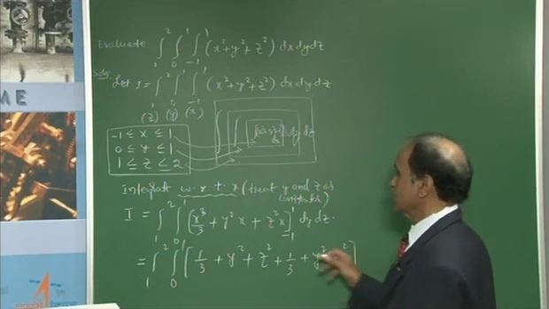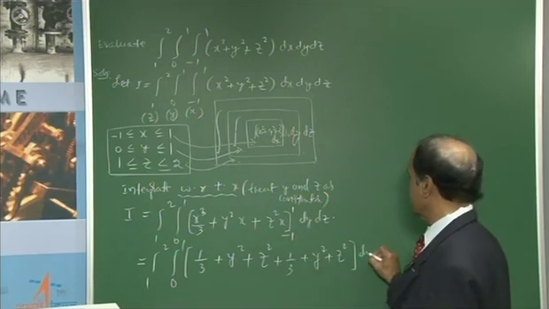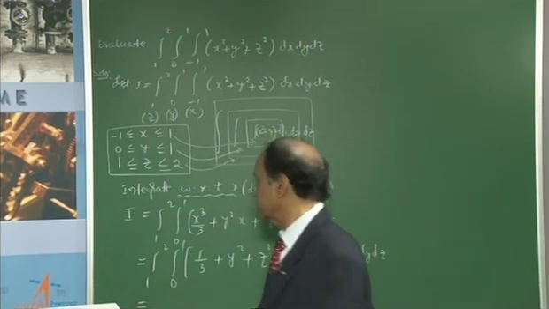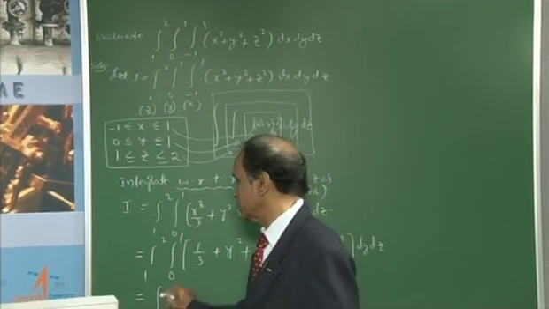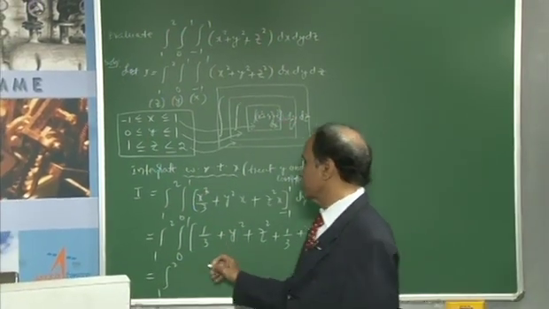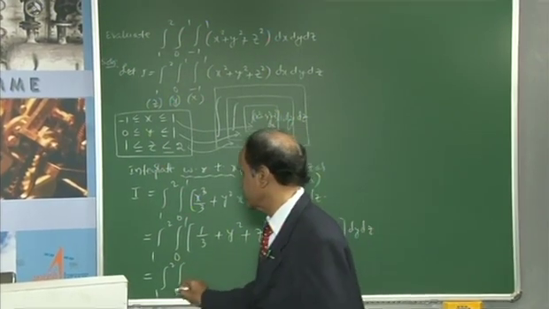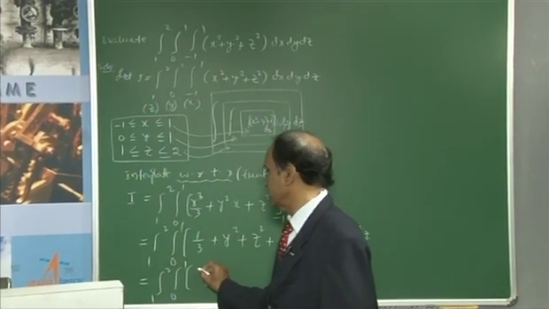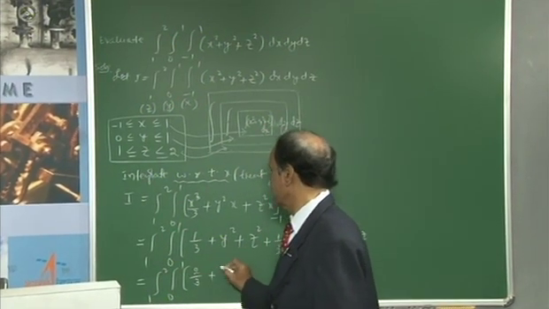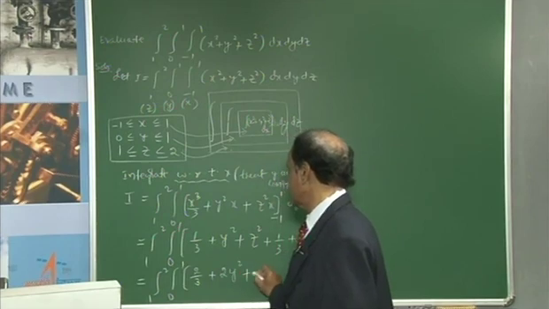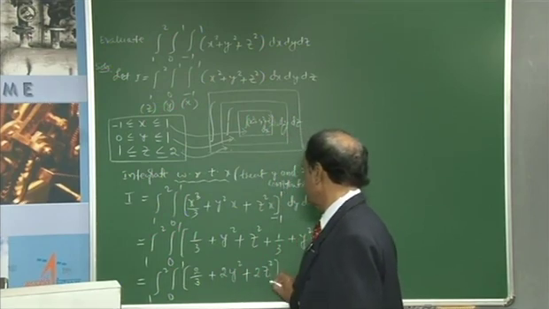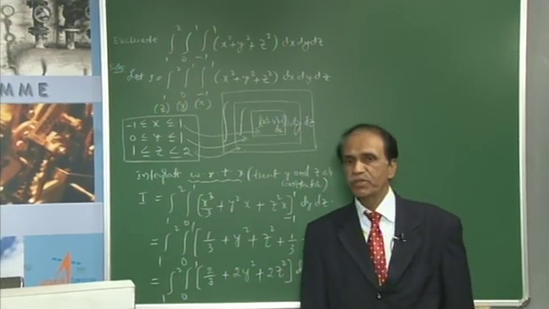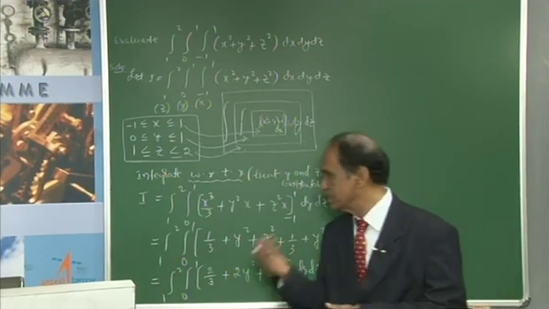This is the application of limits, with dy and dz. Further, this is equal to the integral from 1 to 2, then 0 to 1, after some simplification before going to the next integration: 2 by 3 plus 2y square plus 2z square, dy and then dz. Hope you are following the order of selection for the integration.